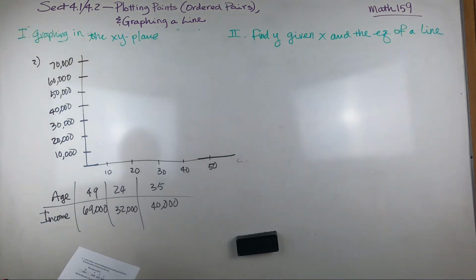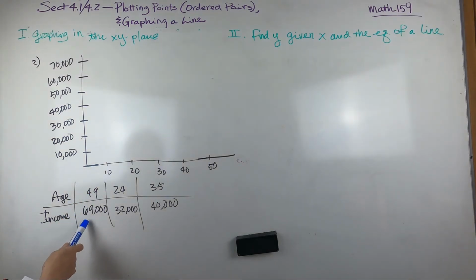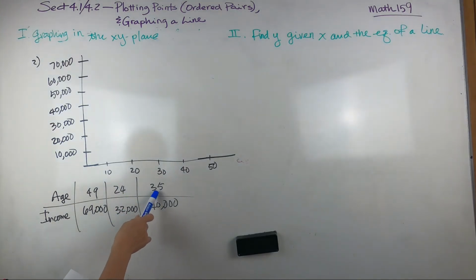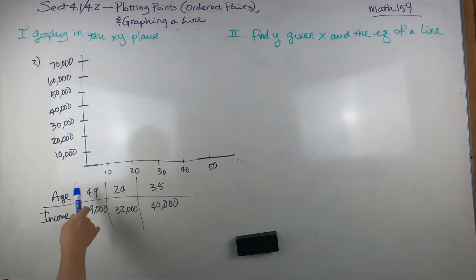The first 3 answers are shown in the table below. If you are 49, you make 69,000. When you are 24, you make 32,000. When you are 35, you make $40,000. Okay? So we want to graph those 3 points on the XY plane.